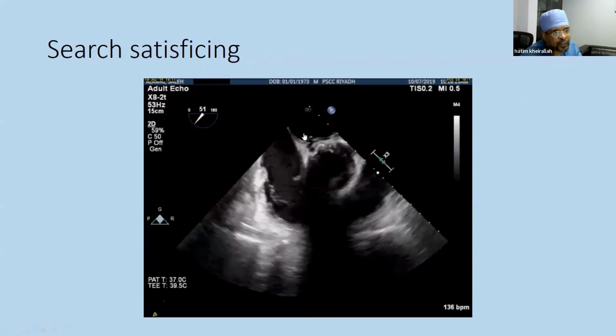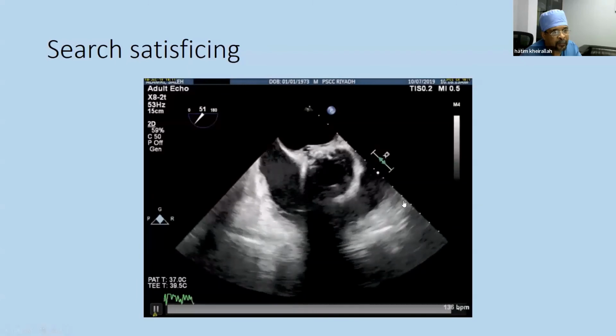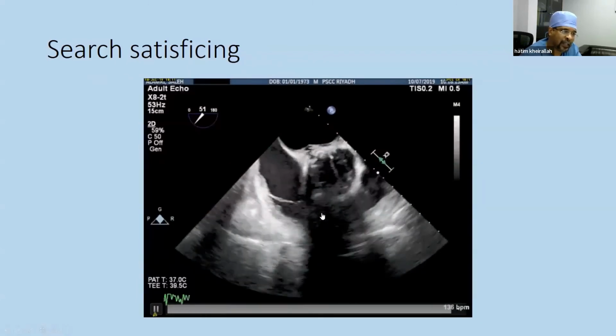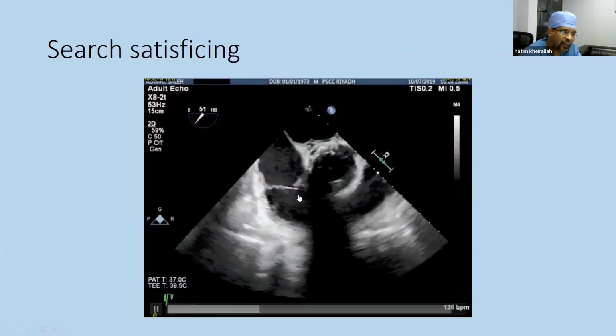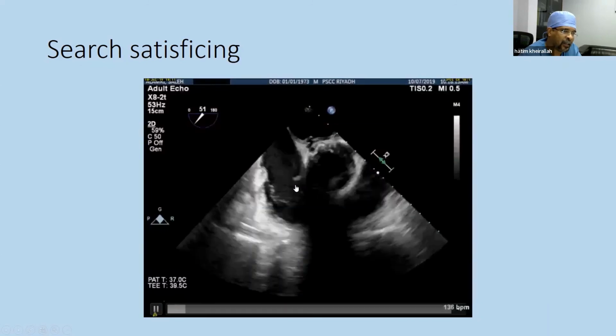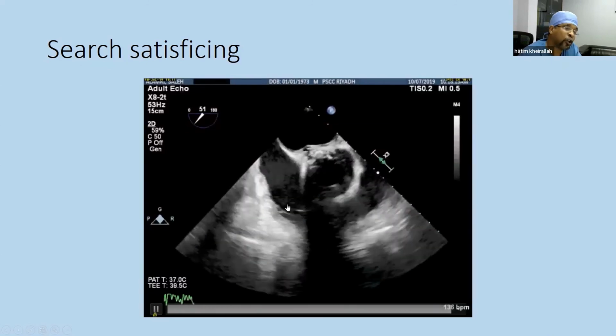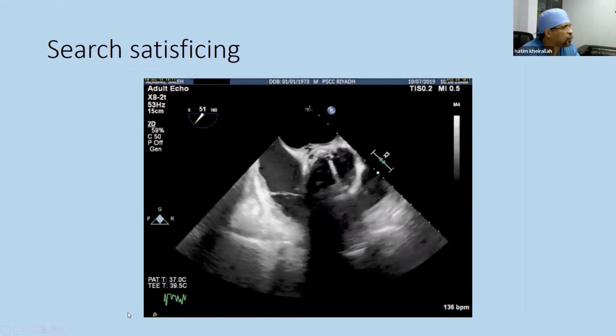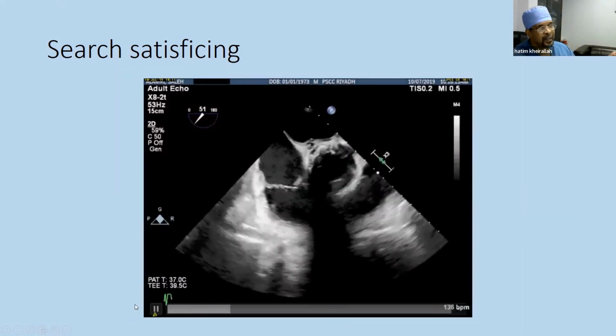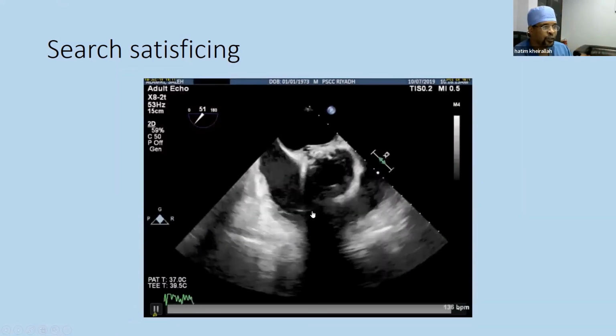I was so much glued to the fistula, I forgot to look beyond that. So there was a mass in the tricuspid valve. Not only that, I looked carefully at the aortic valve and I couldn't find anything.